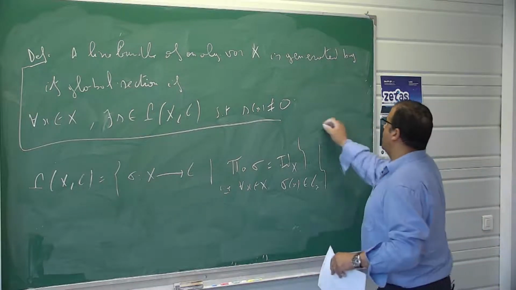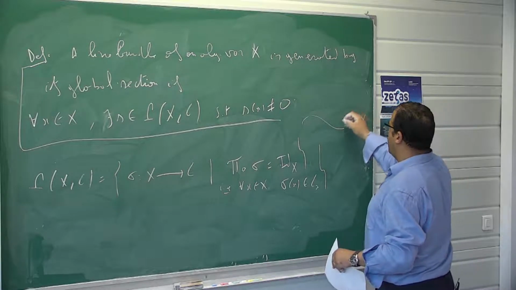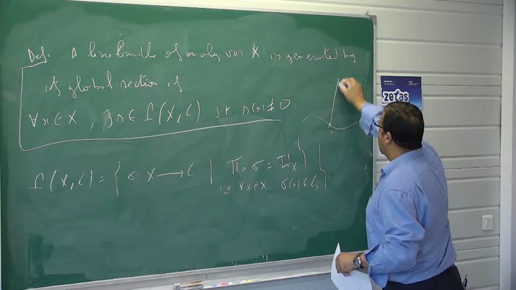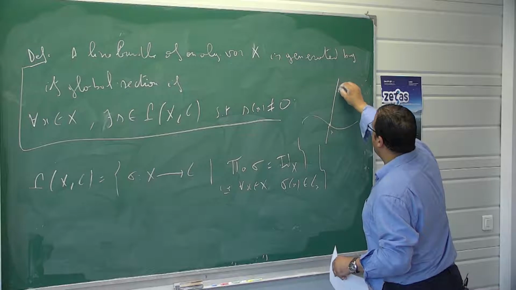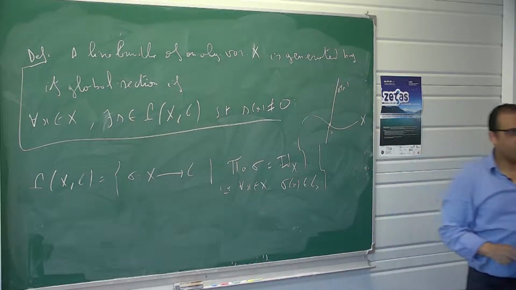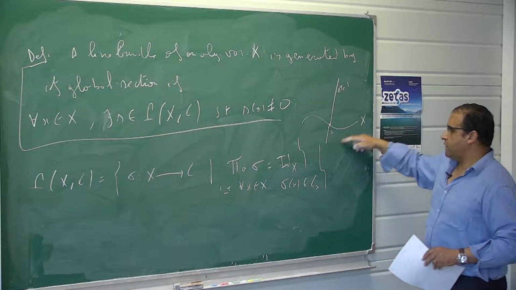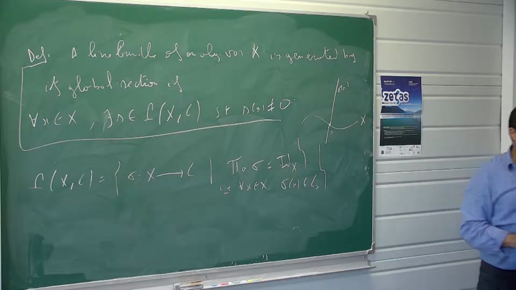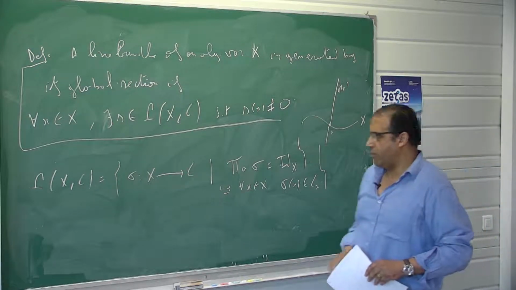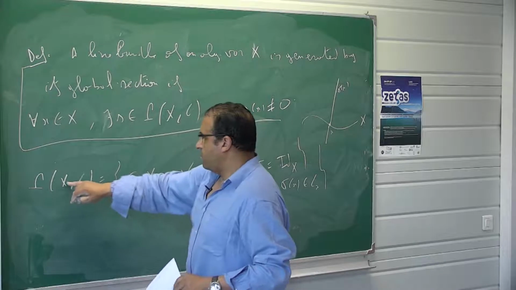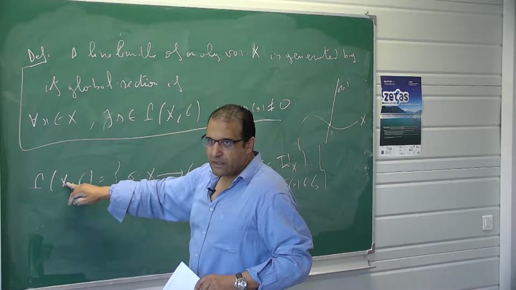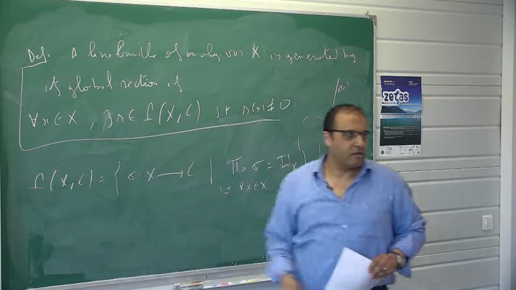So a section sends a point x to a point of the fiber, and it is a regular function. You can also define the section over an open subset of X, and it gives you a sheaf.